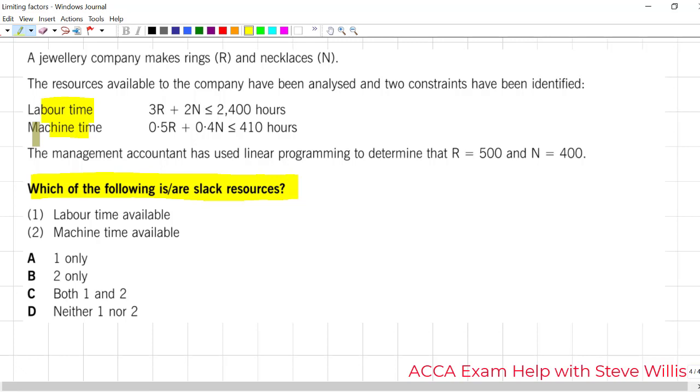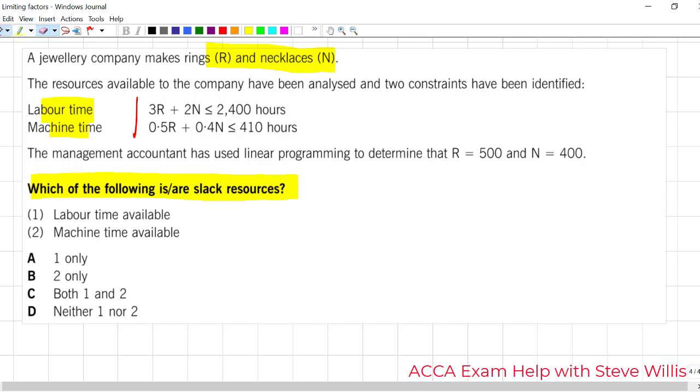Well, the jewelry company makes 2 products, R's and N's, and we have the constraint equations. Remember, that's not a monetary value. That number in front, that coefficient, that is the units. That's the labor hours and the machine hours, okay? So it's just a quick check.